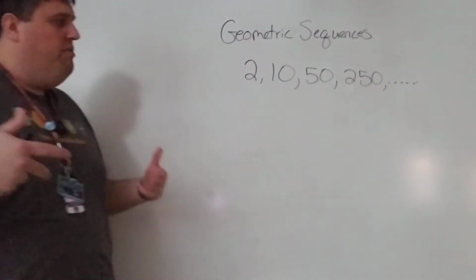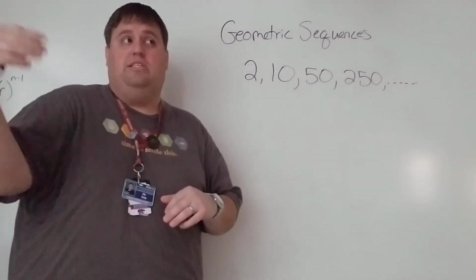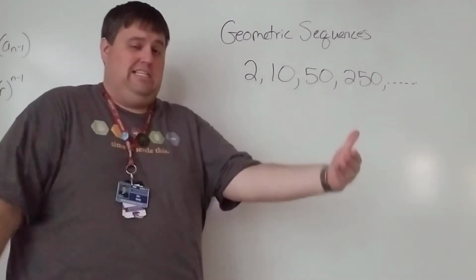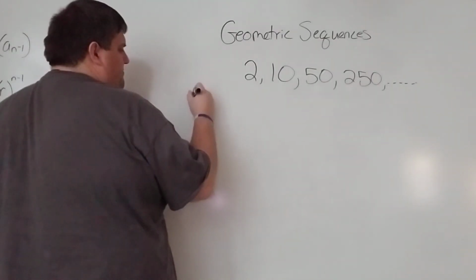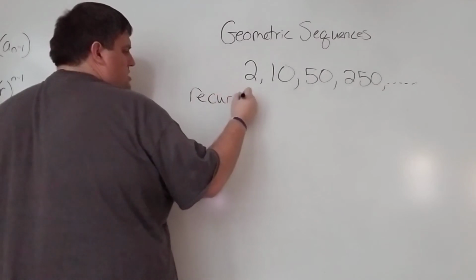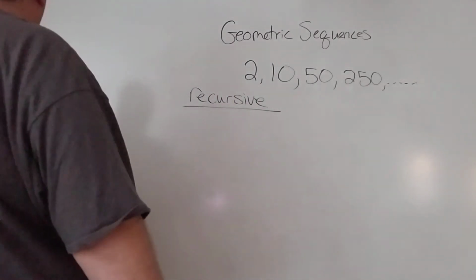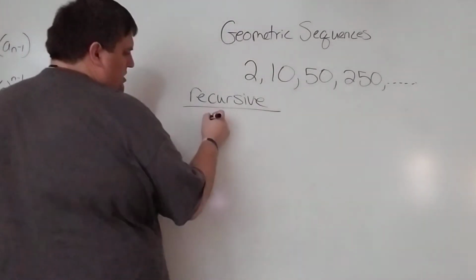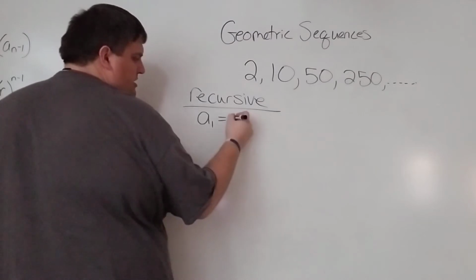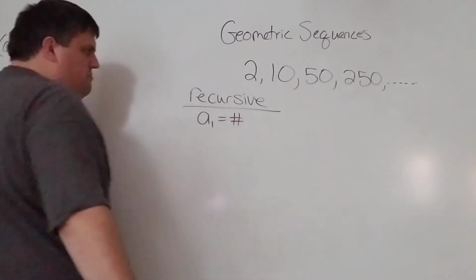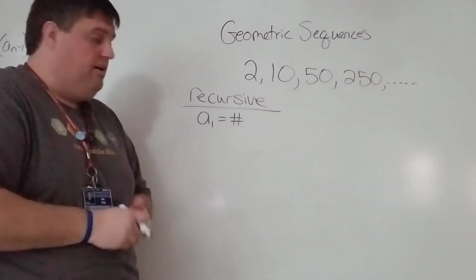We are still going to want to be able to do those two types of formulas. We want to be able to write this as a recursive formula and an explicit formula. So let's talk about recursive first. The recursive formula for a geometric sequence is going to look like this. We still need a sub 1 equals whatever that number is, our first term; we have to define the first term.